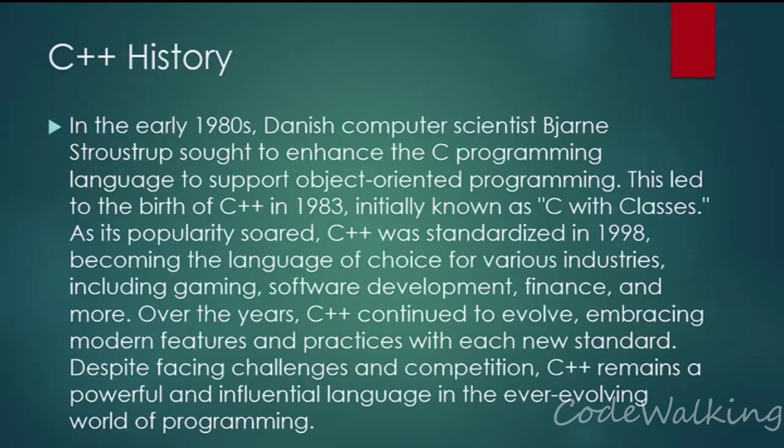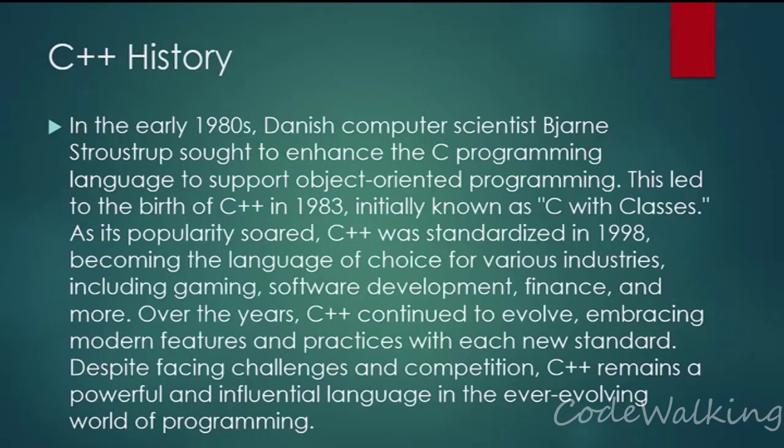So let's start with the C++ history. In the early 1980s, a Danish computer scientist, Bjarne Stroustrup, was experimenting with the C programming language to support object-oriented programming, which led to the birth of C++ in 1983.